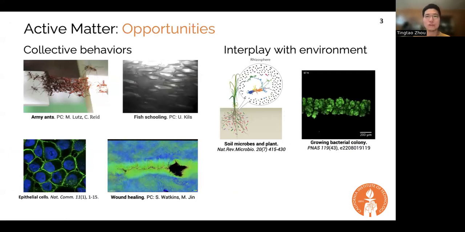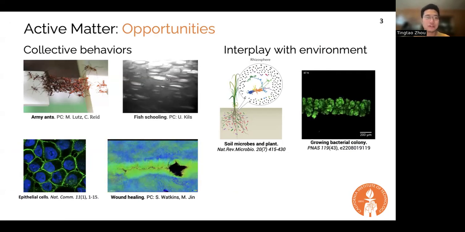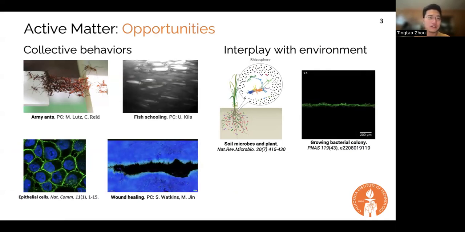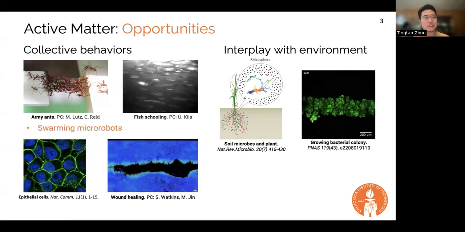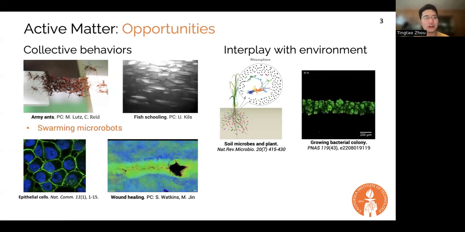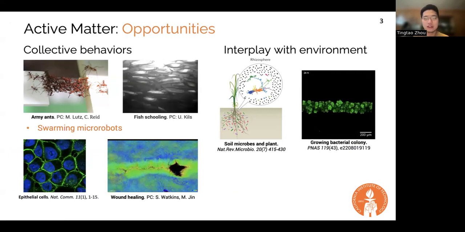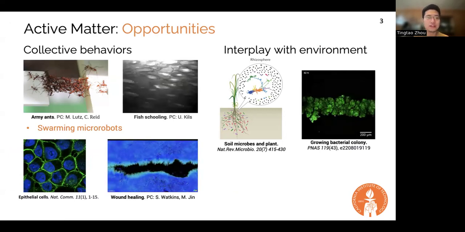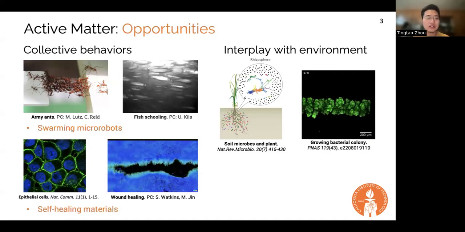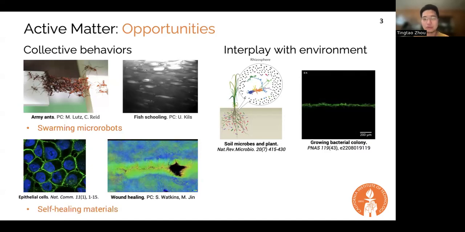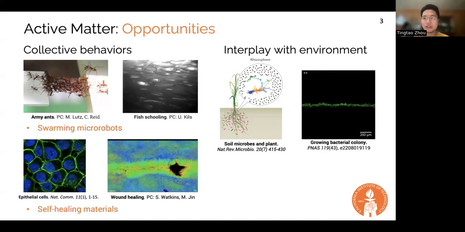So what brings us to become interested in studying these systems? There are a lot of reasons. For example, can we learn from these collective behaviors of army ants or fish schools to find better ways to design swarming robots, right? Or can we understand how our body cells heal a wound and try to transfer that knowledge to make some self-healing materials?